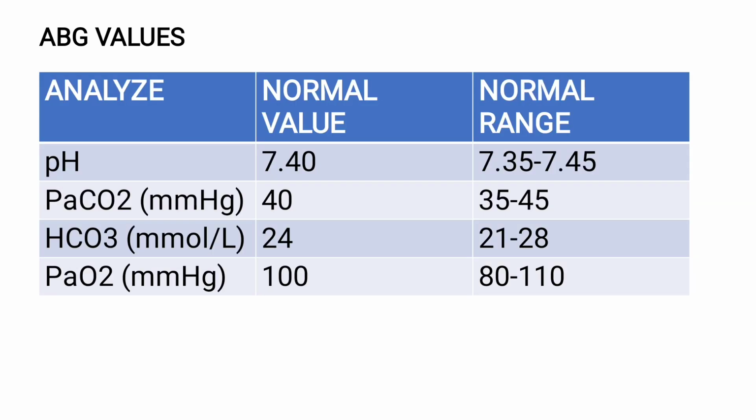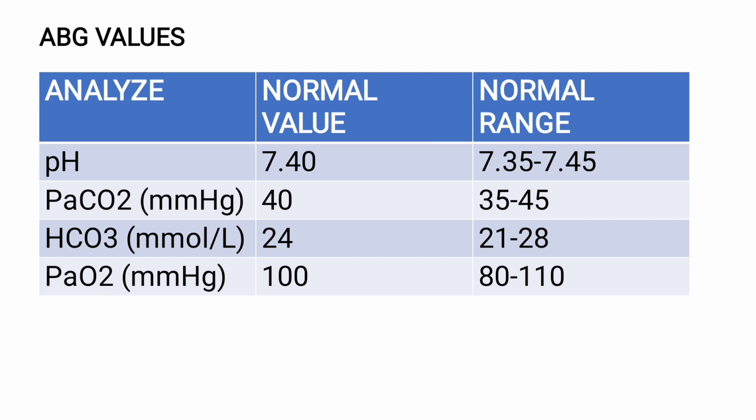Coming to ABG values, we need to know the normal values in order to interpret whether it is metabolic acidosis, respiratory alkalosis, like that. For ABG, the normal pH value is 7.40, range is 7.35 to 7.45. Coming to PaCO2, that is partial carbon dioxide, normal value is 40 and the normal range is 35 to 45.